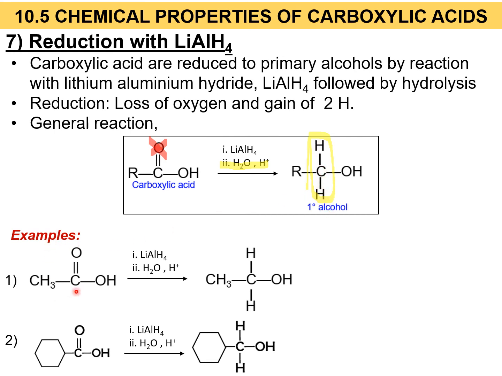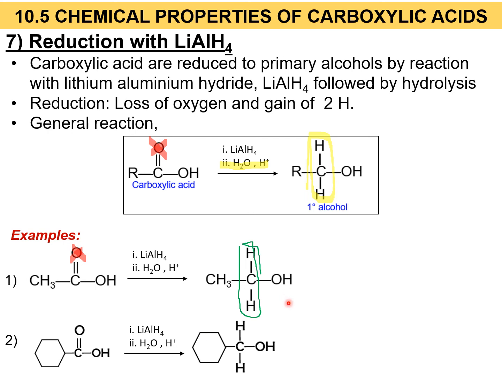Okay, for example, you can see here, this is the carboxylic acid. Bila dia buat reduction reaction with reducing agents LiAlH4 followed by hydrolysis, what happen here, dia akan lose this oxygen. Lepas tu, you akan add 2 hydrogen dekat this carbon. So, jadilah CH2OH.